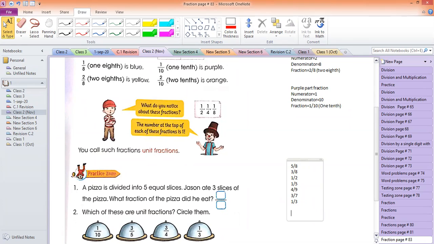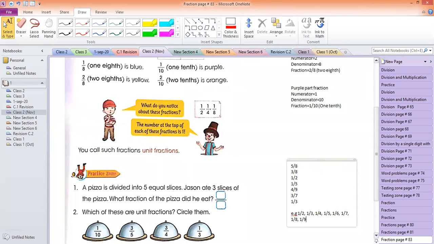For example, I give you examples: 1 over 2, 1 over 3, 1 over 4, 1 over 5, 1 over 6, 1 over 7, 1 over 8, 1 over 9, and so on. Okay.